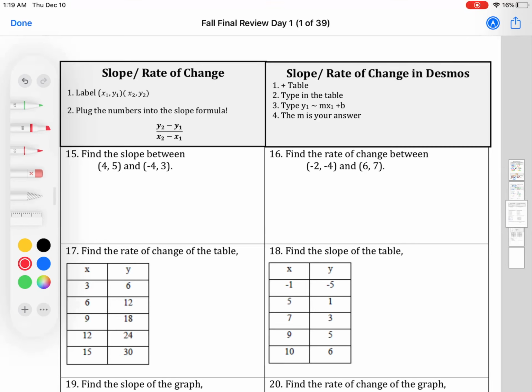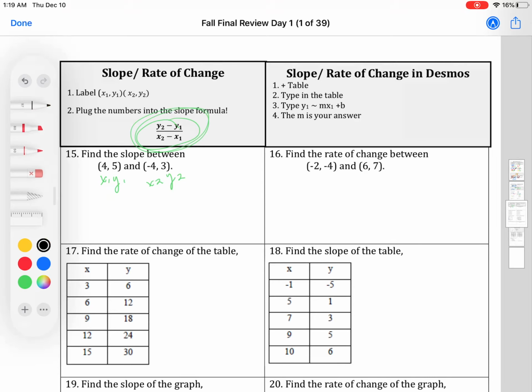So step 1, it says label x1, y1, x2, y2. Let's use a pen. Okay, so we have x1, y1, x2, y2. Now I take these numbers and I plug them into the slope formula.